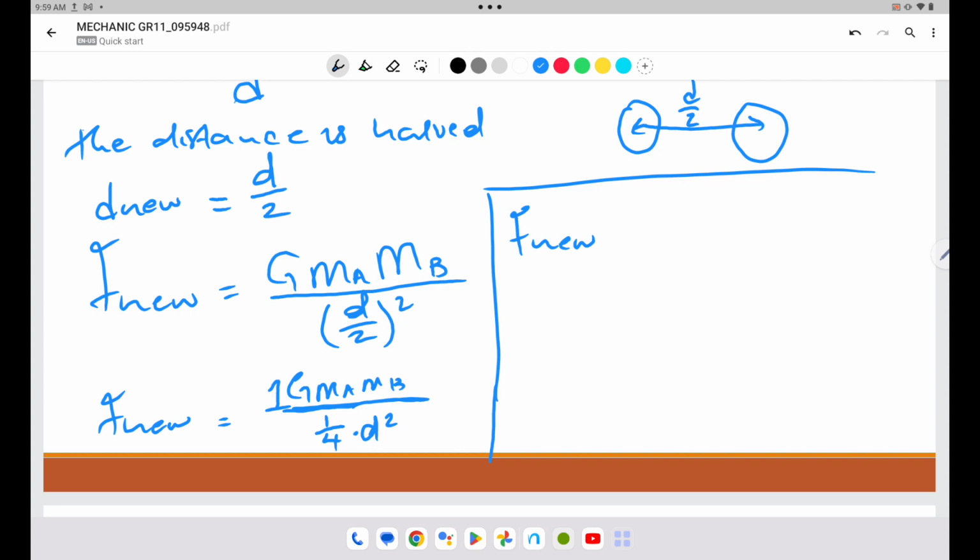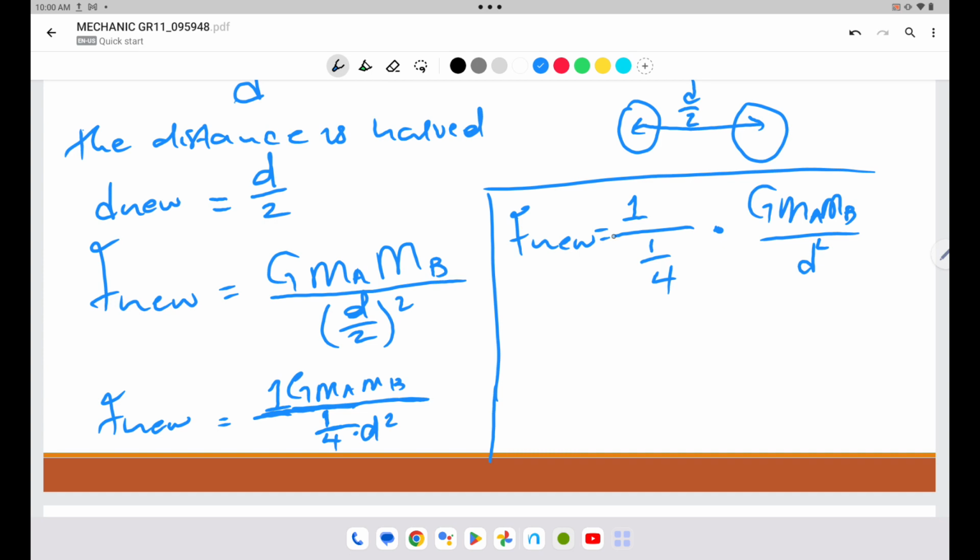So we have 1 divided by 1 over 4, then multiplied by G ma mb divided by d squared. We have separated the numbers from the variables.